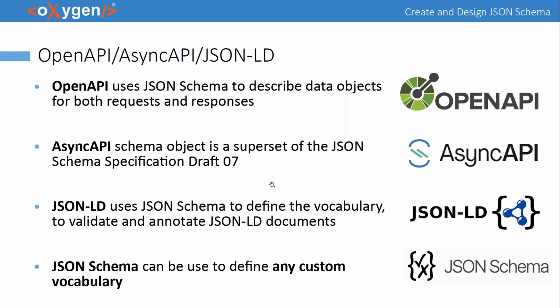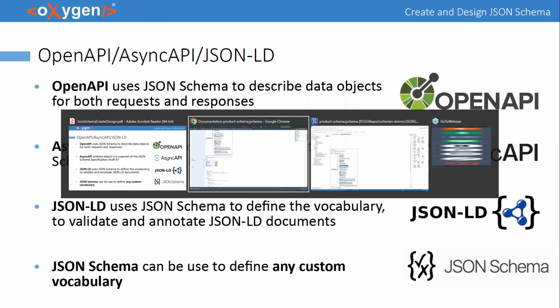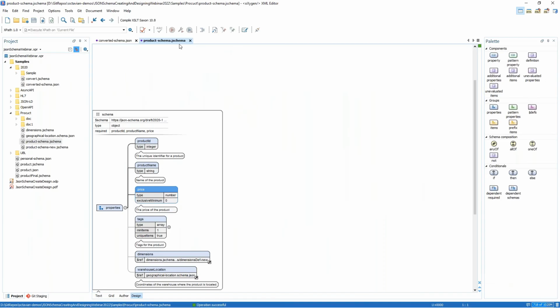This is added in Oxygen, and if you open a JSON LD document, it will be validated according to this schema. But of course, you can customize this document to be more accurate for you. And I'll show you some examples here.